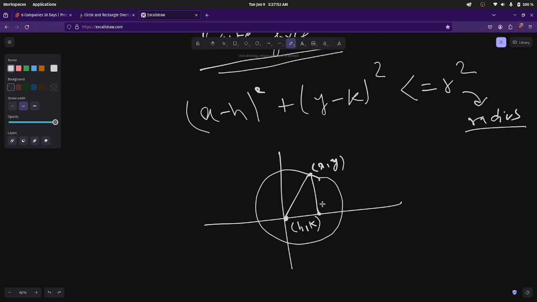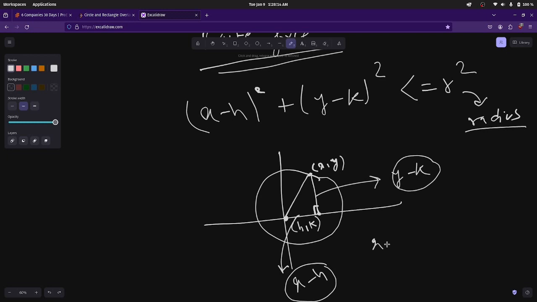The distance of this side is x minus h, and the distance of this side is y minus k, and according to the Pythagoras theorem, x minus h whole square plus y minus k whole square equals r square, where r is the radius, which is the hypotenuse.